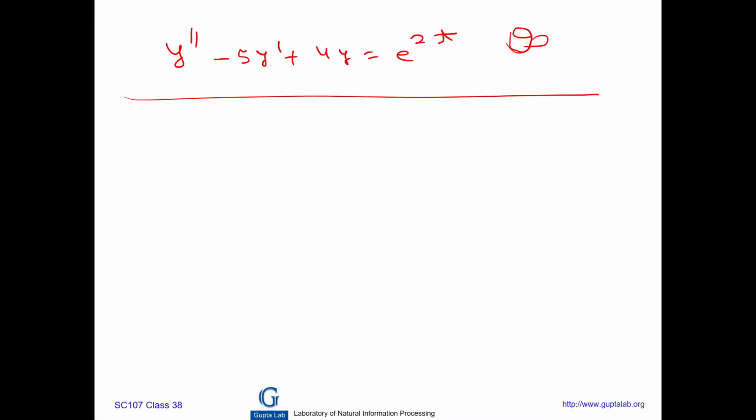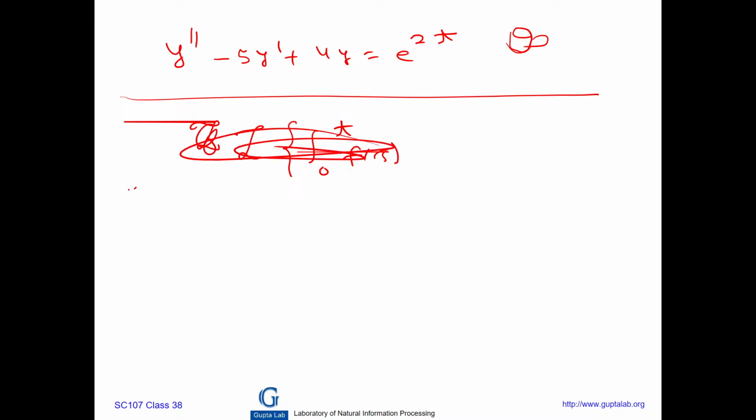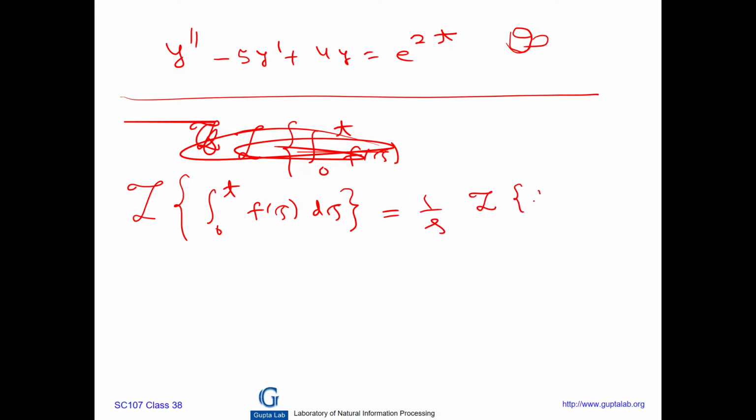Okay, so now we can also give a formula for the Laplace transformation of an integral. The Laplace transformation of the integral from 0 to t of f of tau d tau is equal to 1 over s times the Laplace transformation of f of t, where t is positive and s is greater than some number alpha.